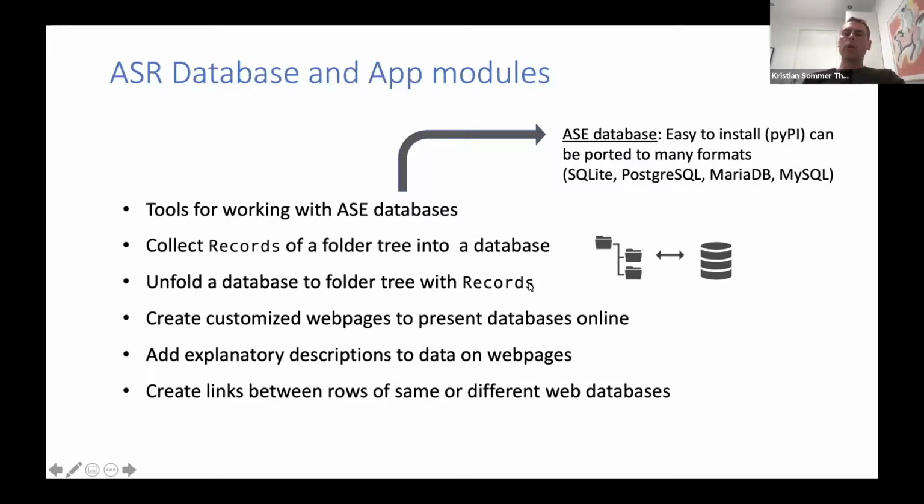You don't have to do much to turn that into your own online database. You can also add explanatory descriptions to all the data on the web page, and it's possible to create links between different rows of the same database or between different ASE databases. I'll show you some examples of that later on.